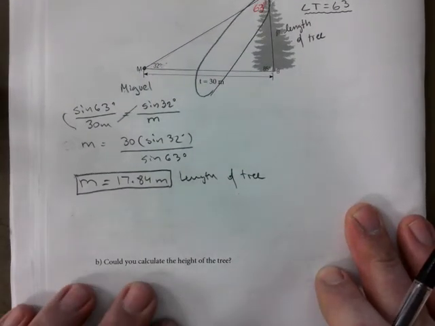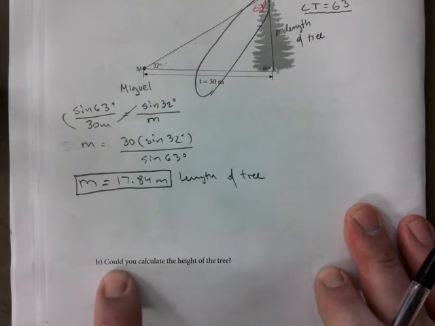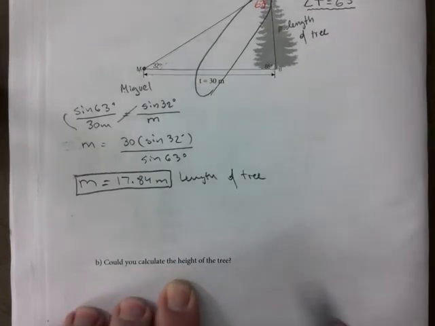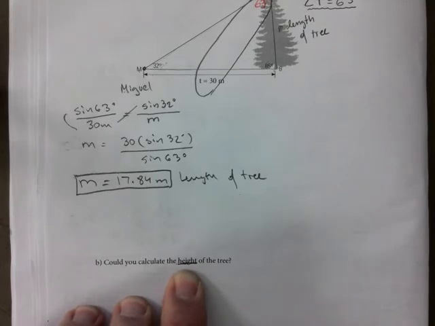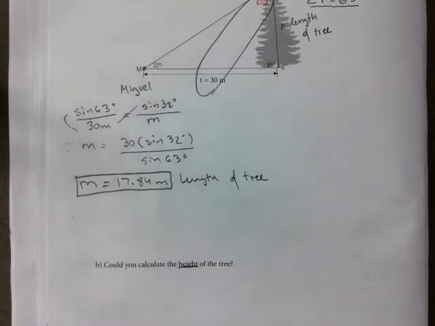Now it's the trickier part. B is saying calculate the height of the tree. Right? The height of the tree is always measured at a 90 from the ground. Okay? So, for example, if I were to lean over like this, the height would be measured straight to the ground, not along myself, right?